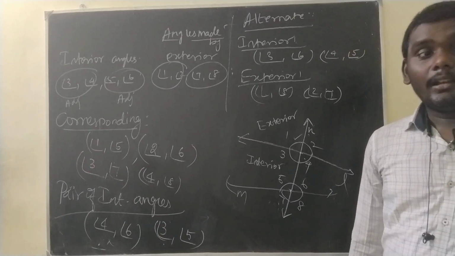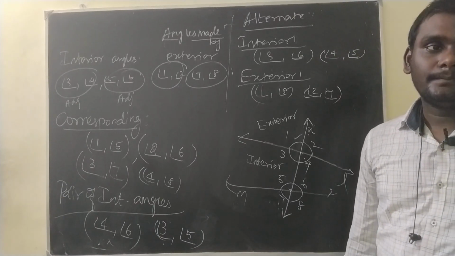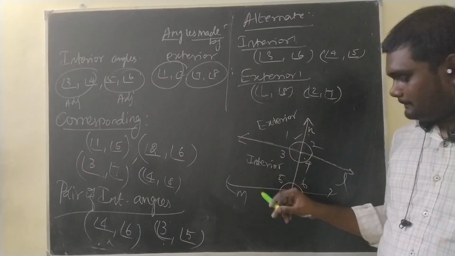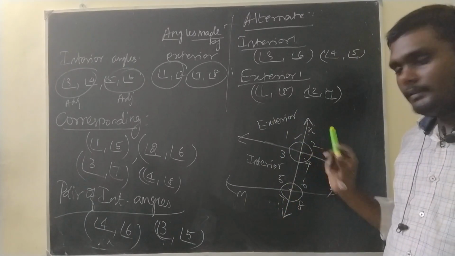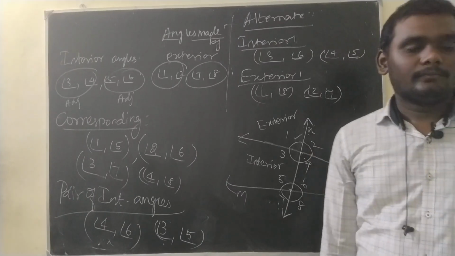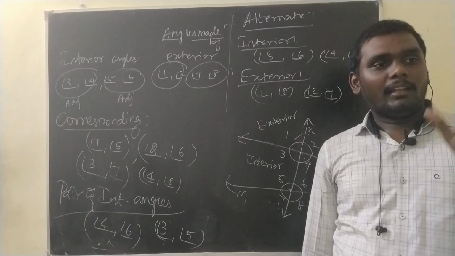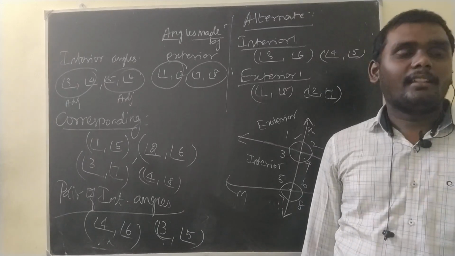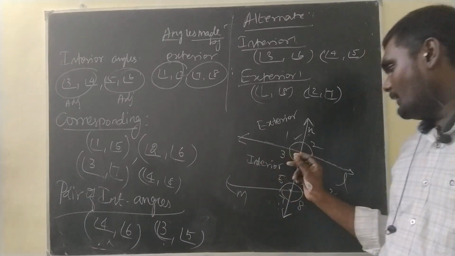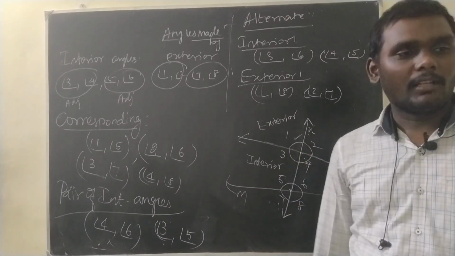Then alternate exterior angles are 1 and 8 and 2 and 7. Likewise, adjacent angles also we'll see. Interior adjacent angles, exterior adjacent angles, 2 things are there. Whichever are in the interior, we can say those are adjacent. You know about adjacent angles, right?